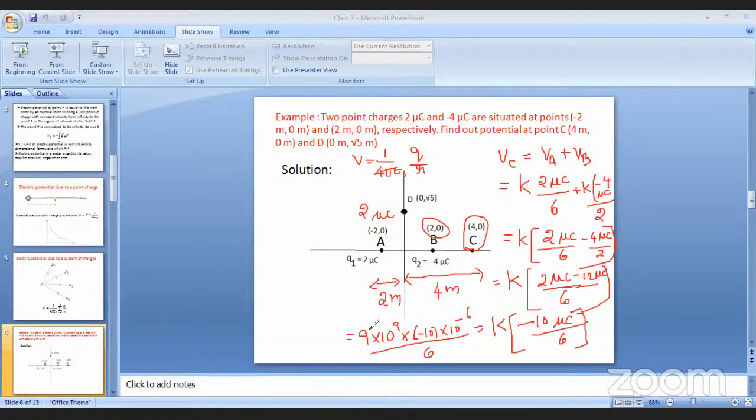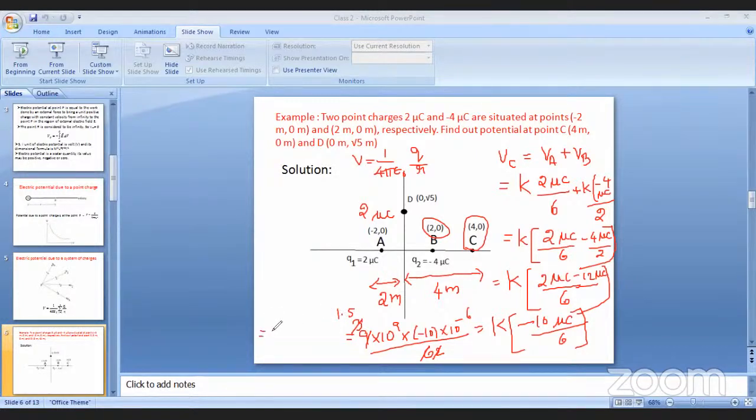So you can cancel out these terms. This will be 2, and further you can simplify, it will be 1.5. So you have minus 1.5.